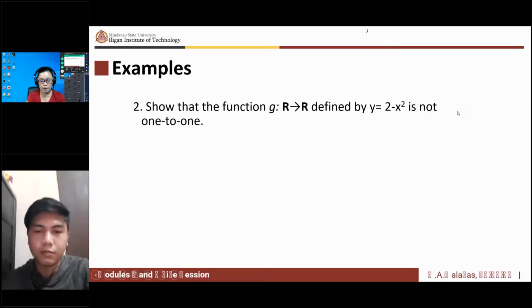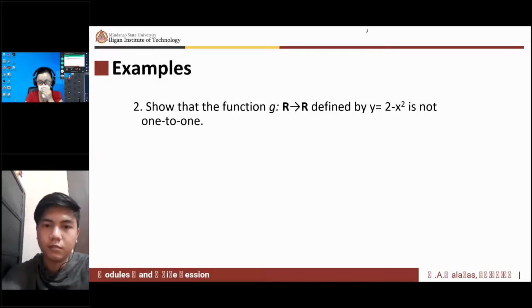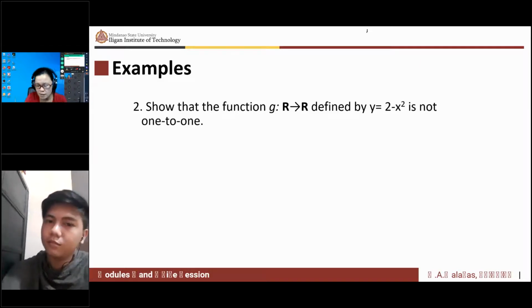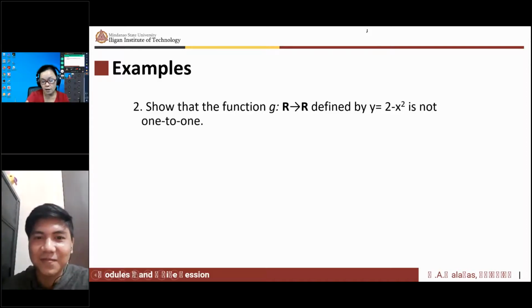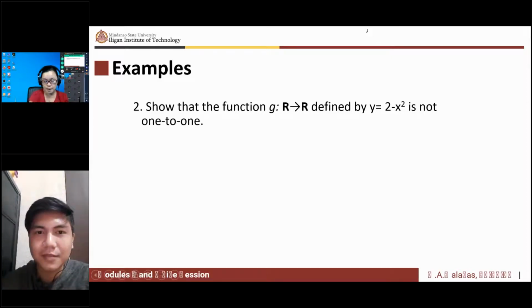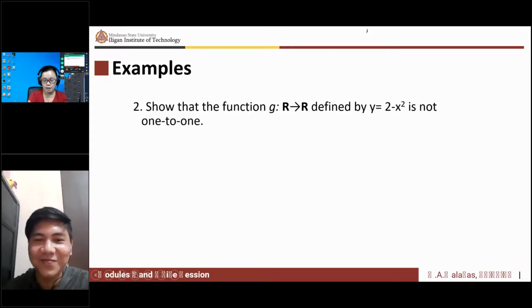Now we show that the function given by y equals 2 minus x squared is not one-to-one. Again, how do we do that? We take a counterexample. So what do you think will be our counterexample?